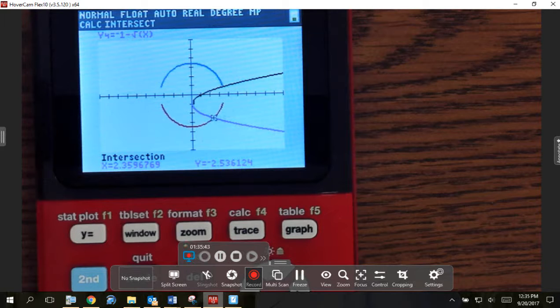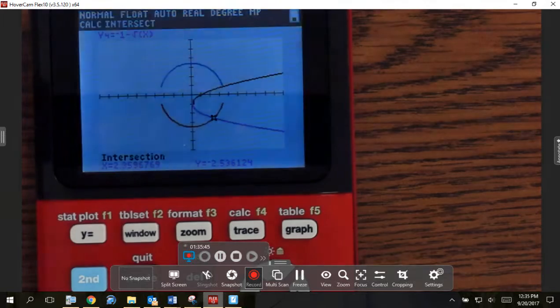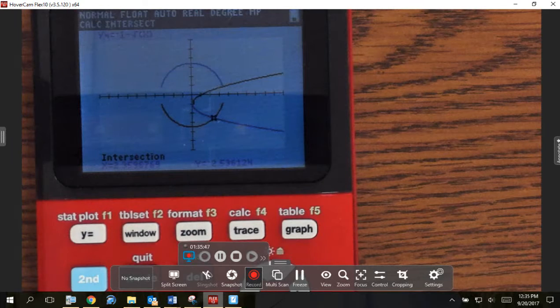So right here. Enter. Oh wait, that's not the one.